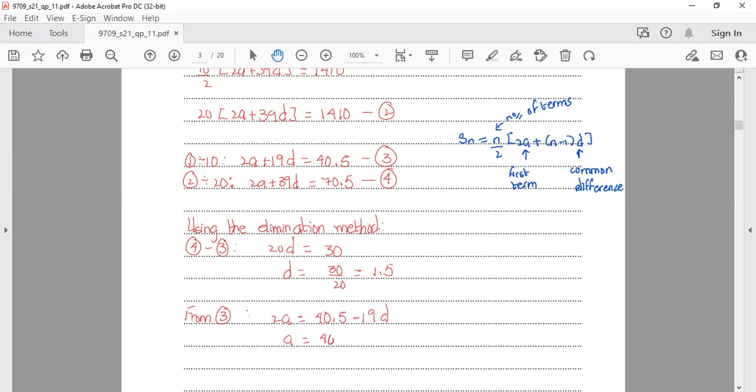A is equal to 40.5 minus 19d divided by 2. So là, on remplace the value of d, which is equal to 1.5 in this. Donc 40.5 retirer 19 fois 1.5 divisé par 2. Et mon A est égal à 6.